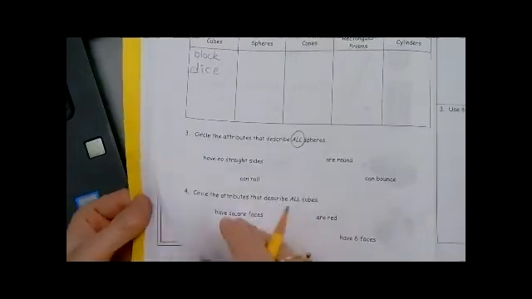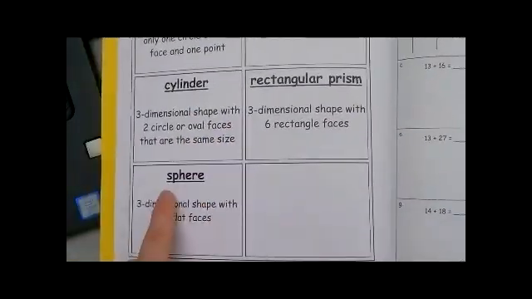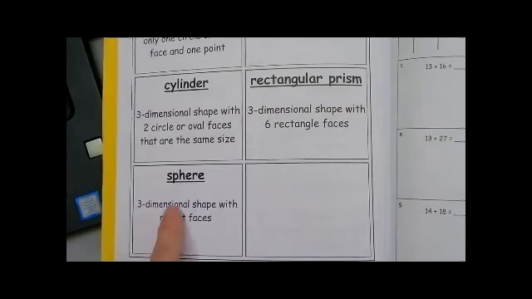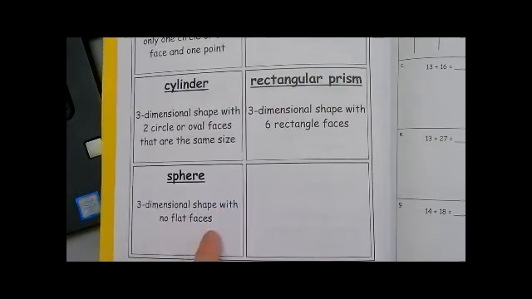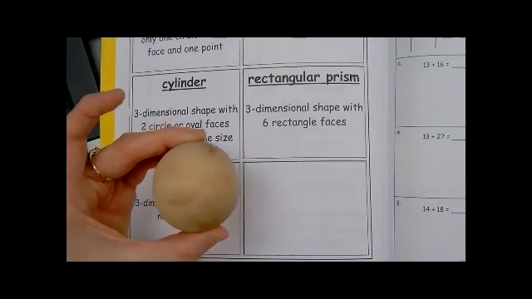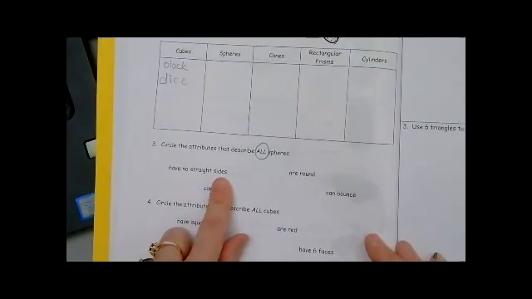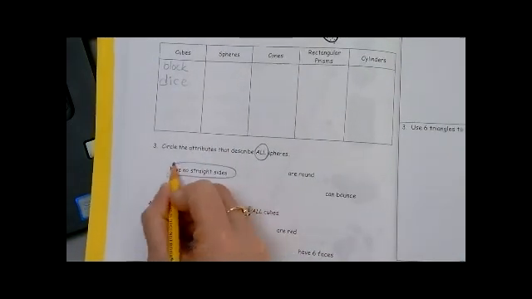If you're not sure, go back to your informational sheet and look up what it says about sphere. 3-dimensional shape with no flat faces. Remember, class, this is a sphere. So, do all spheres have no straight sides? That's true. All of them have no straight sides, so we're going to circle that.